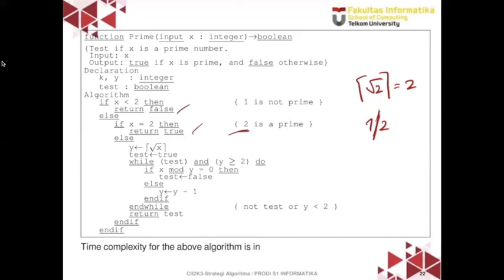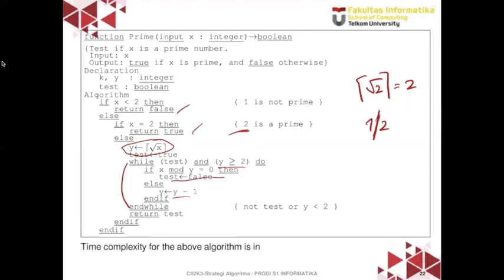But other than that, we have this loop where y starts from the square root of x, and we do it until we reach y equals 2. We always do it backwards, and we check if y divides n or not.